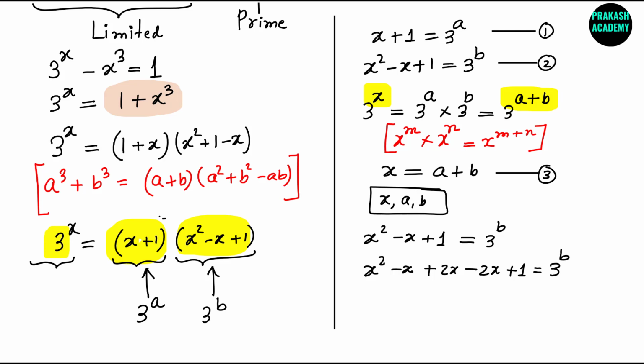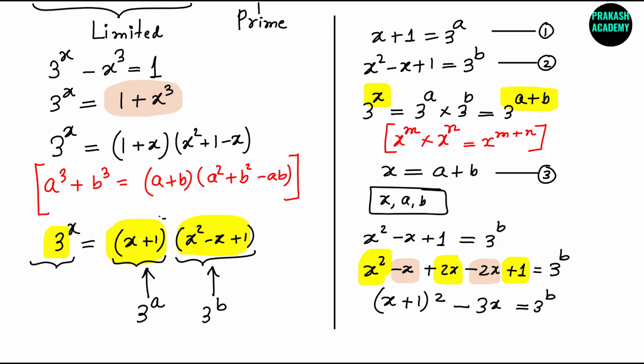Now this term, x square plus 2x plus 1, simply becomes x plus 1 whole square. And this minus x and minus 2x simply becomes minus 3x, is equal to 3 raised to the power b.